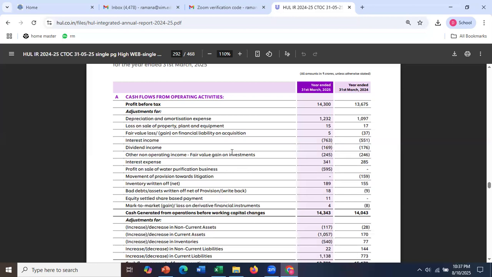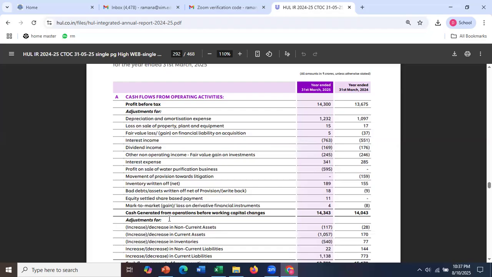HUL is not in the business of lending money. So we need to remove that to derive operating cash flow. Therefore, we deduct it. So one needs to understand those adjustments. These adjustments are basically for accrual and matching.